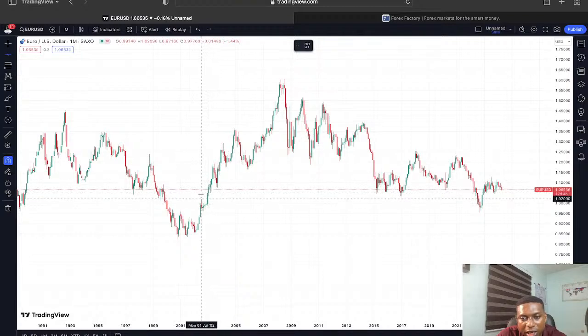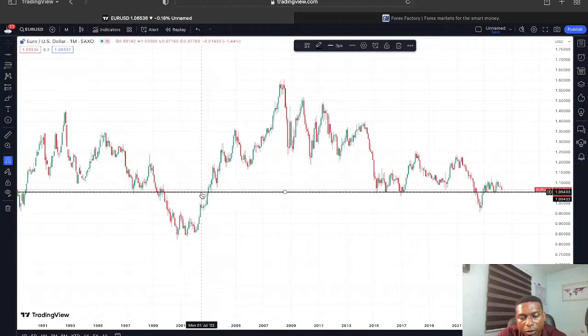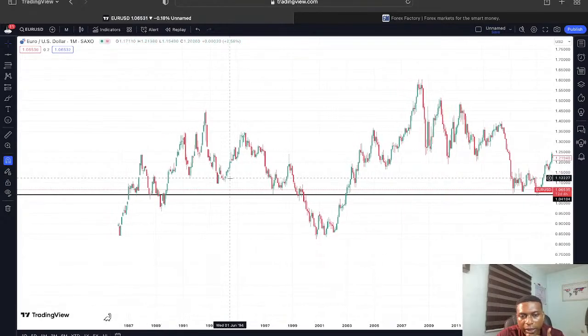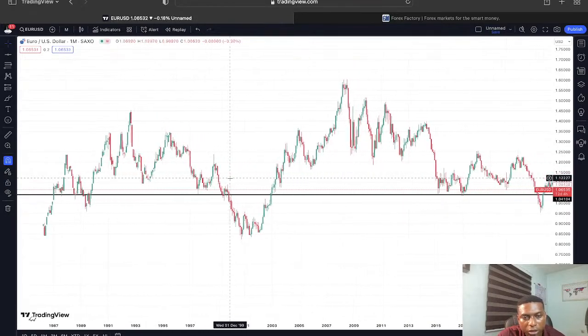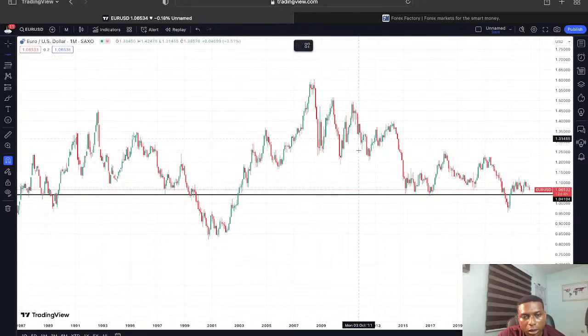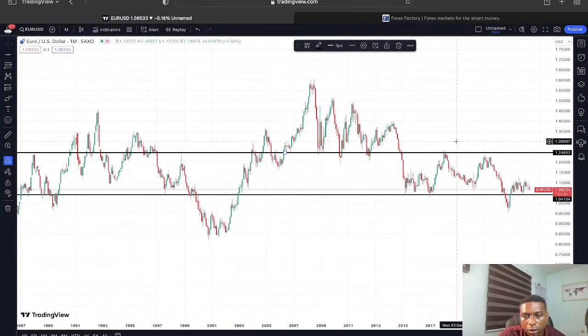We can see that here we have the support level. And here we have the resistance zone.